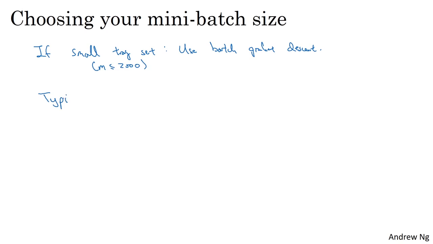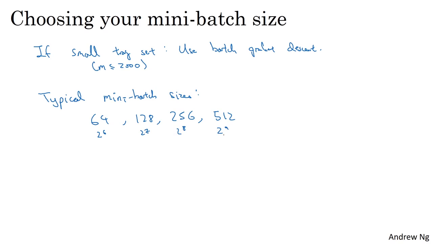Otherwise, if you have a bigger training set, typical mini batch sizes would be anything from 64 up to maybe 512 are quite typical. And because of the way computer memory is laid out and accessed, sometimes your code runs faster if your mini batch size is a power of 2. Right? So 64 is 2 to the 6, 2 to the 7, 2 to the 8, 2 to the 9.